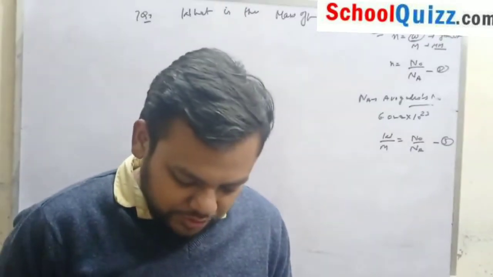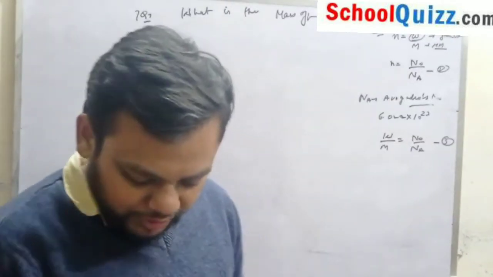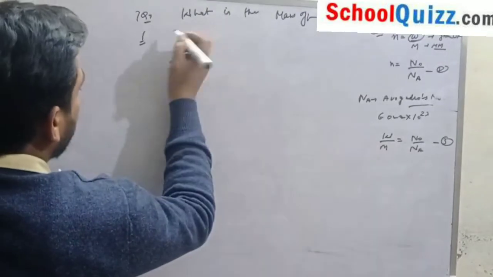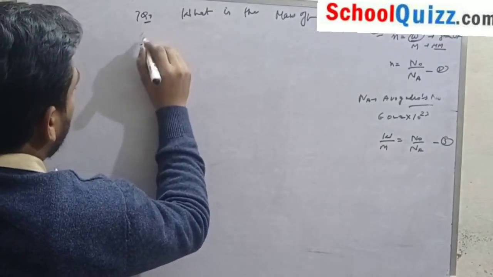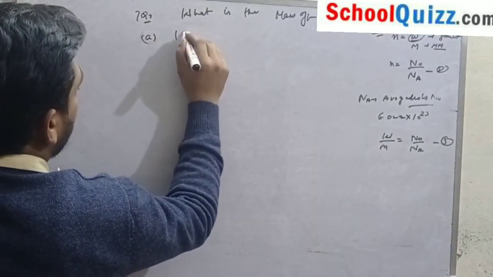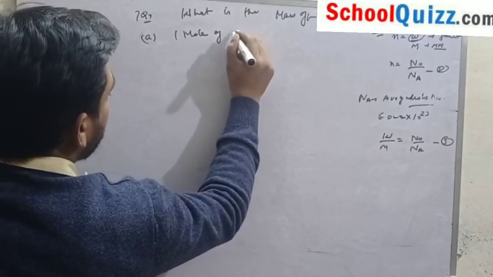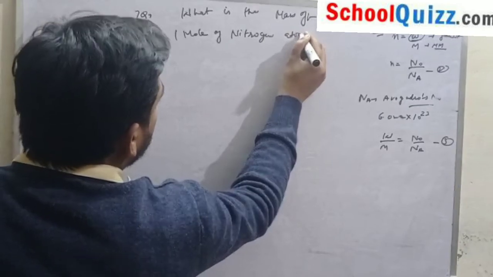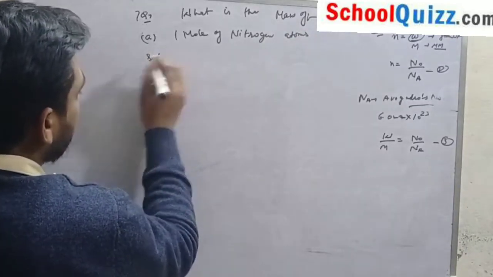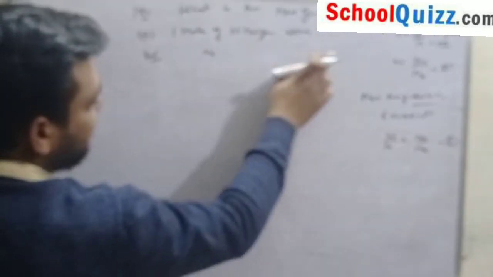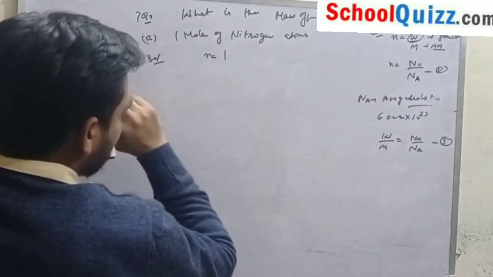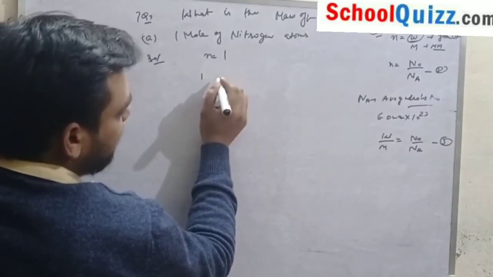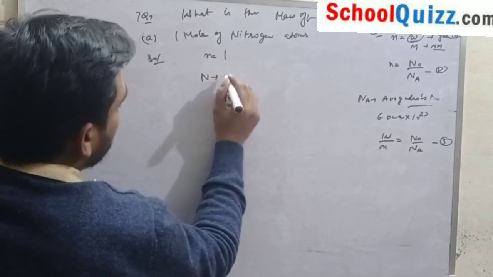So the first question is 1 mole of nitrogen atoms. Simply n, the number of moles, is given, that is 1. Molecular mass of nitrogen is 14.